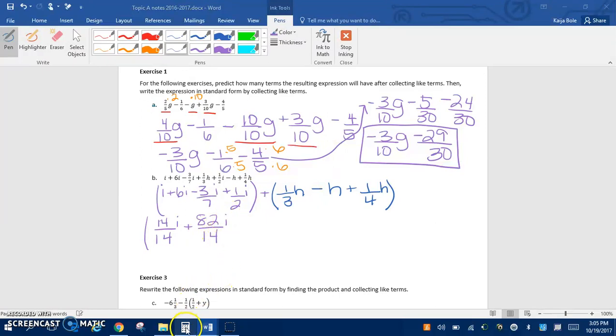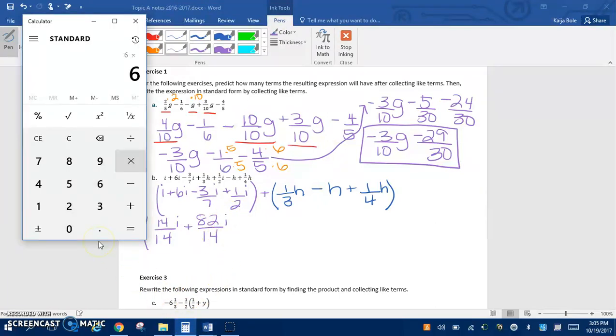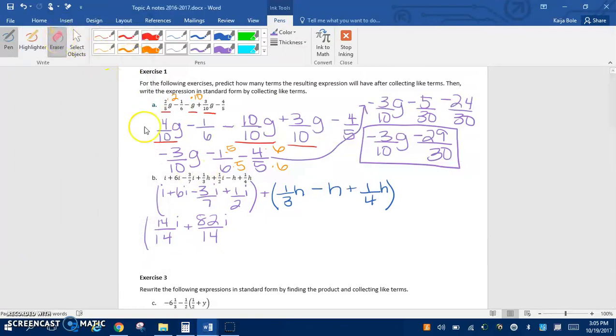I'm going to double check that in the calculator really fast. 6 times 14 is, oh, it's 84. Glad I checked it. So this would be 84I. And then minus 6 over 14I plus 7 over 14I. Okay, so that's the first part.